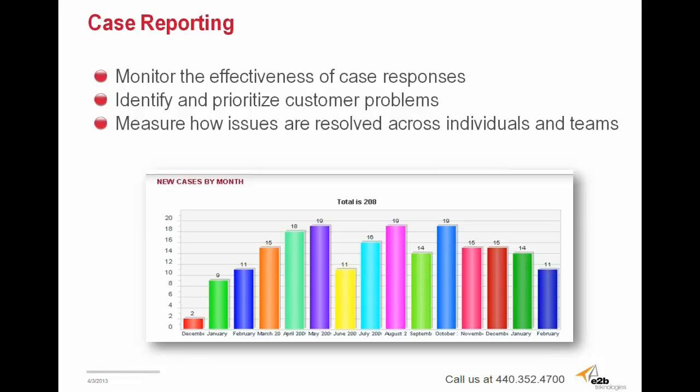Cases are another area of SugarCRM that provides rich, in-depth reporting. It's easy to build a simple report to monitor the effectiveness of case reporting and get a quick view of how many open cases are out there, how many are being responded to, and how many have closed, and so forth. These reports can then be utilized to identify and prioritize customer problems. You can also measure how issues are being resolved across individuals and teams.